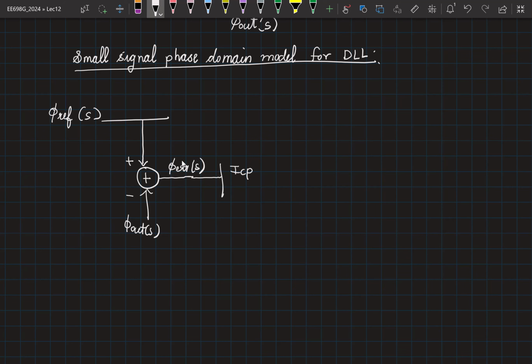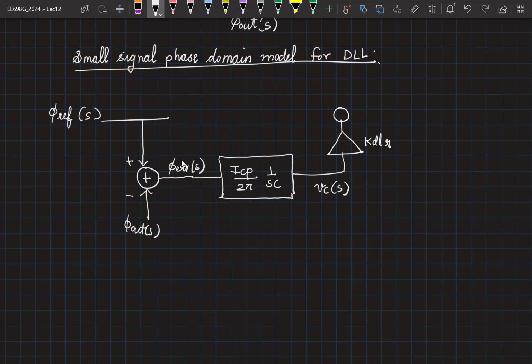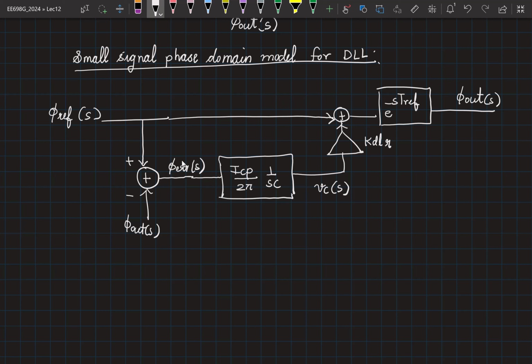It gets multiplied by ICP by 2 pi into 1 by sC. This generates Vc of s, which then is multiplied by KDL, and it gets added to this, into e power minus s T ref, and this is your phi out of s. And I close the loop like this.